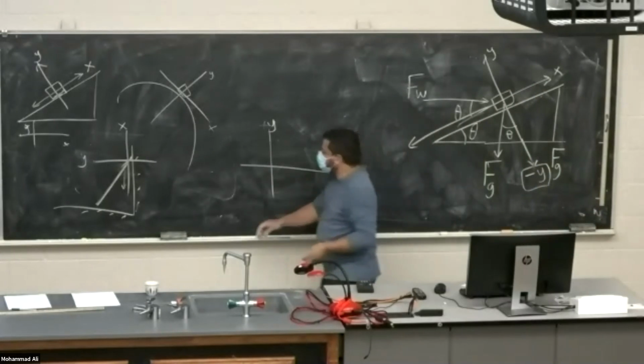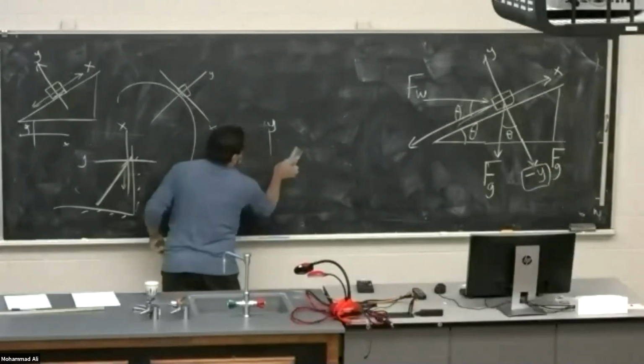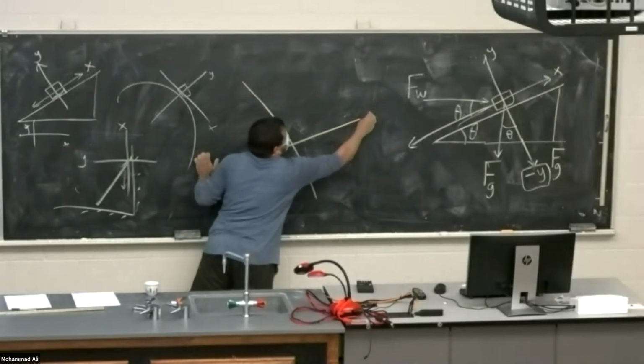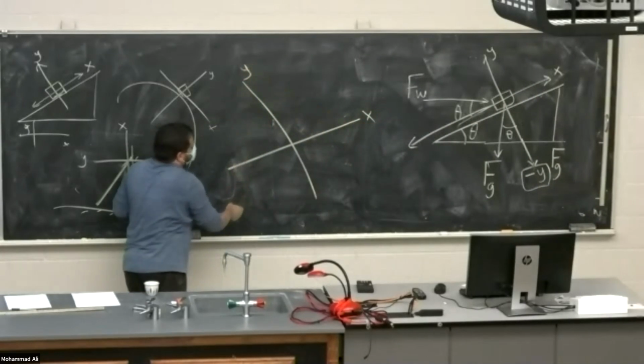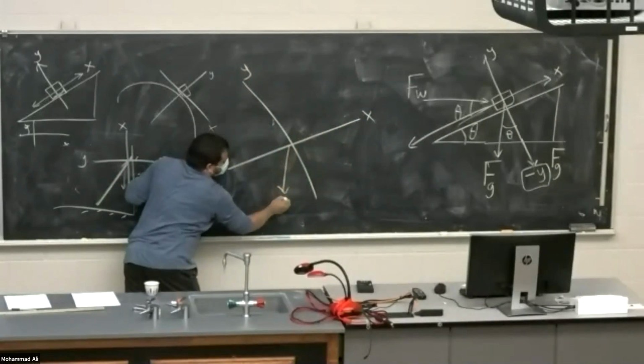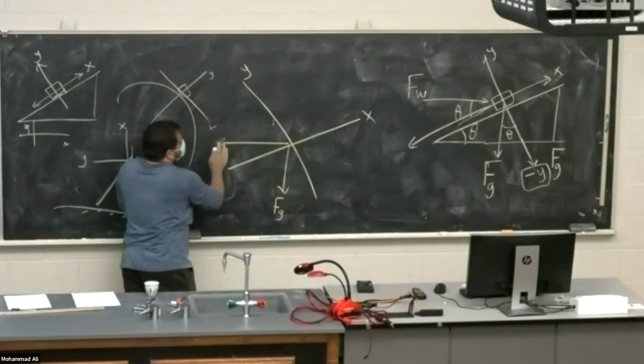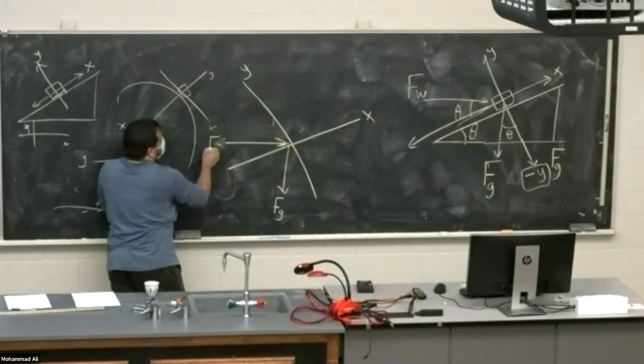It's like this. This is x, this is y, the positive, and this is Fg, and this is F wind.